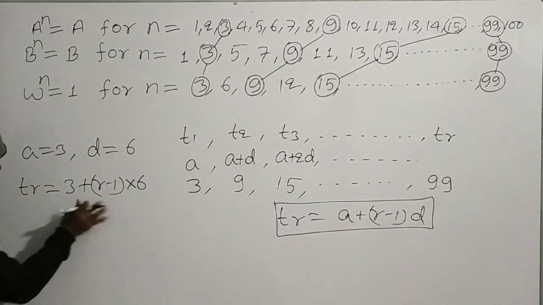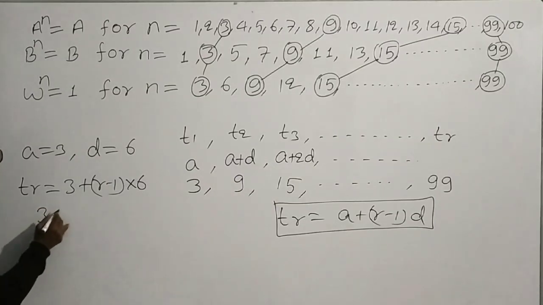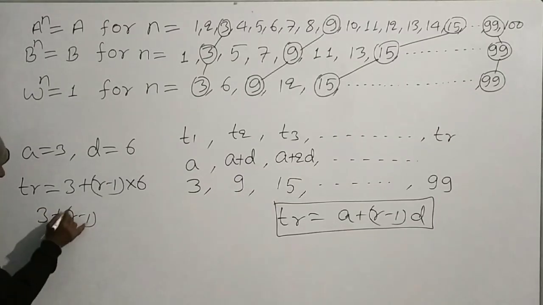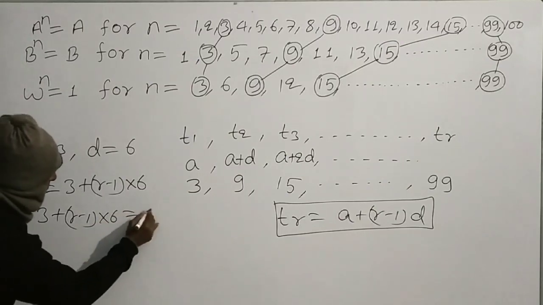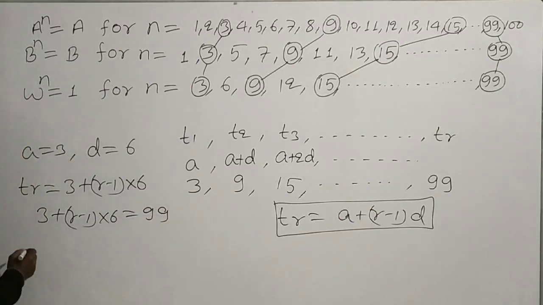That means 3 plus R minus 1 times 6 will be equal to 99.